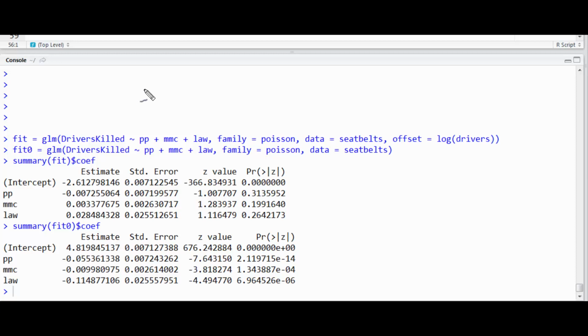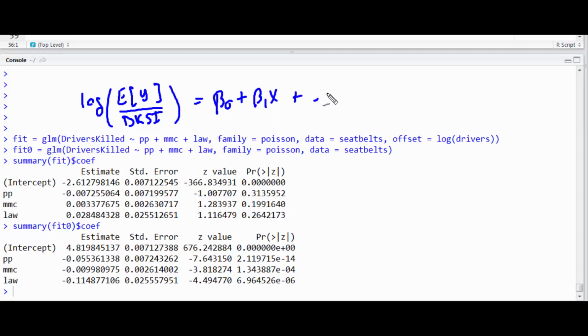The first one, with the offset, is modeling the log of the expected value of drivers killed, divided by the total number of drivers killed or seriously injured. So it's modeling the proportion of that as a function of beta naught plus beta 1 x and so on. In contrast, fit 0 is just modeling the log of the expected value of y by itself.